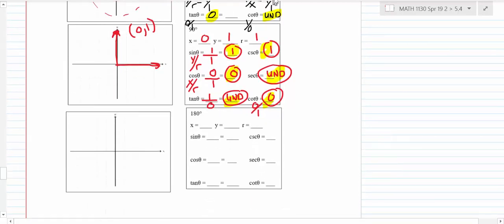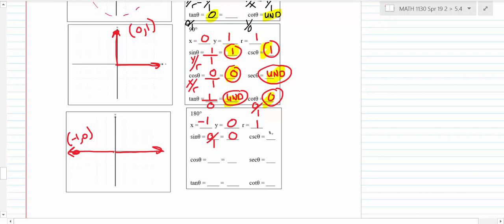Let's do 180. This is important enough to go through each one. If you're at 180 degrees, the point is -1, 0. r is 1. So now x is -1 and y is 0. Now I'm just going to quickly write what these are. The sine is y over r, so that's 0.